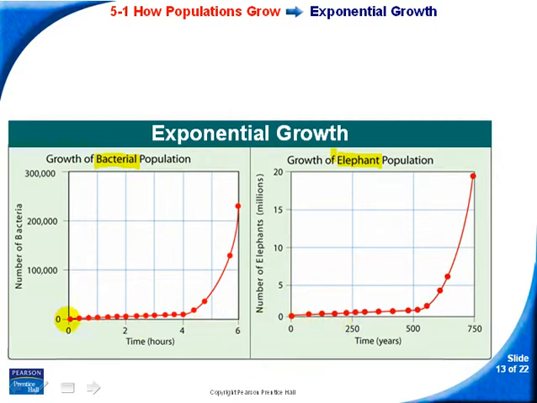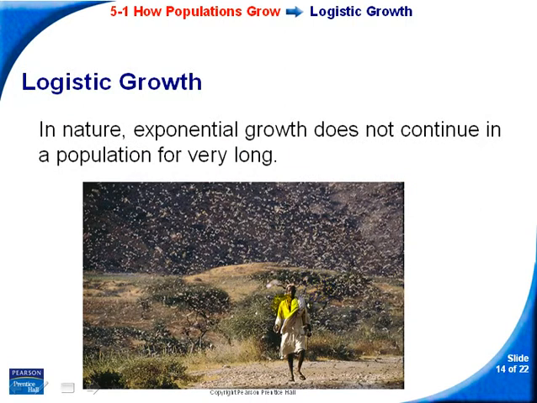And you can see as time goes on, the population will grow and grow, and then it's just going to keep on heading straight up, which is an infinite growth rate. But in reality, this doesn't always happen for very long. There's usually a problem with resources that will stop them.